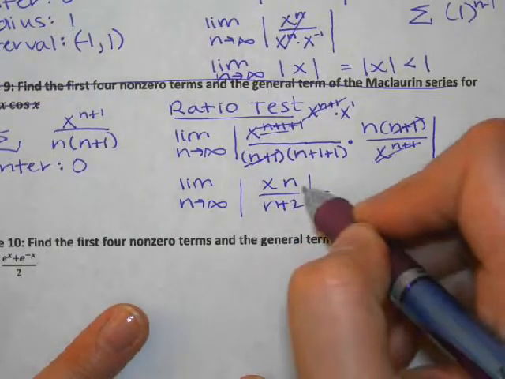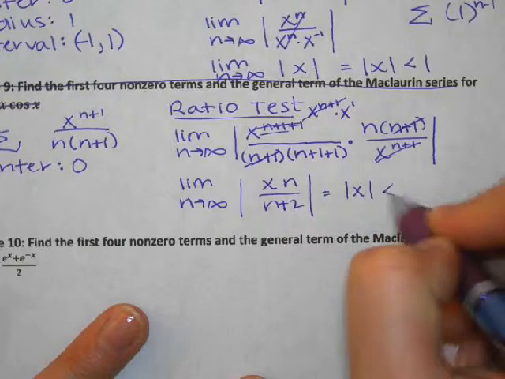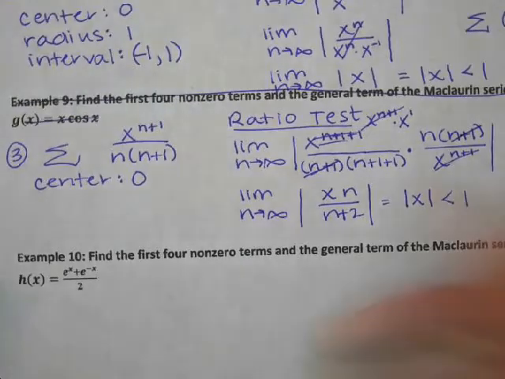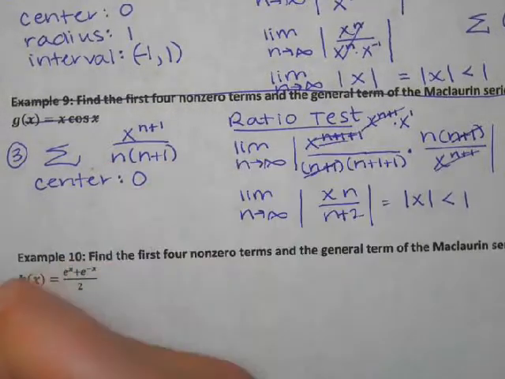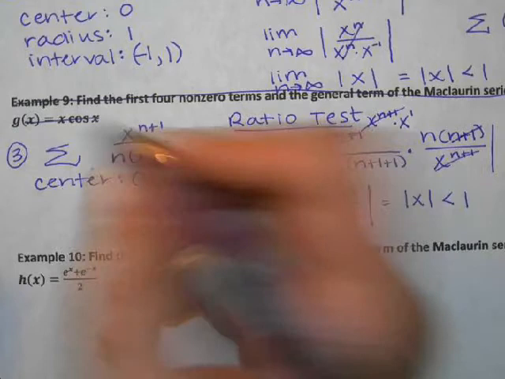And so the limit, when you plug in the infinities, it's just x. It's going to converge if that's less than 1. So again, we're confirming we got the same radius. So the function, its derivative, and its integral all had a radius of 1. They all had a center of 0, all had a radius of 1.